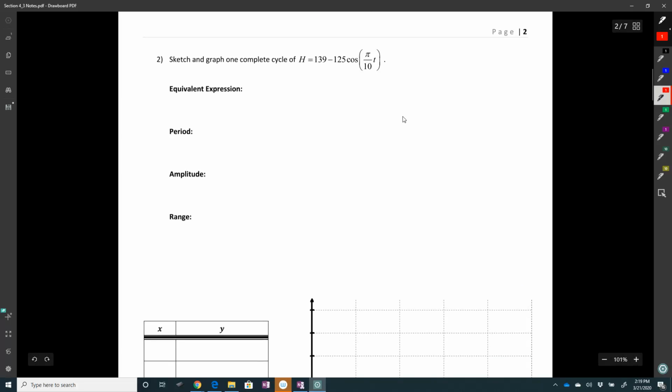Now, this is the answer that we got from the word problem in chapter 3 with the whole Ferris wheel thing. And what they want you to do is sketch the graph that shows your height on the Ferris wheel. So first, what I'm going to do is write the equivalent expression. Usually we want to put the trig function first, and then you put the number second to show that it's after the fact.